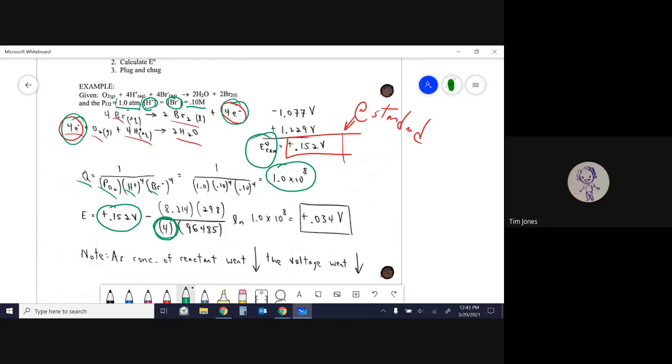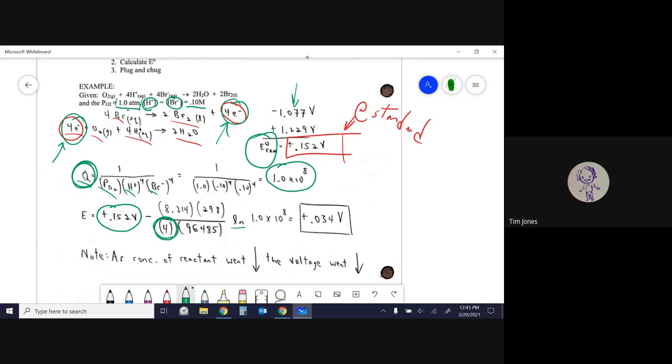Often in some of these problems, you don't need to worry about getting your electrons equal, like some of the recent problems we've done. But in this case, you need to do that because you need to be able to write your Q expression where your electrons being given and taken are equal, even though they don't affect the voltages over here.